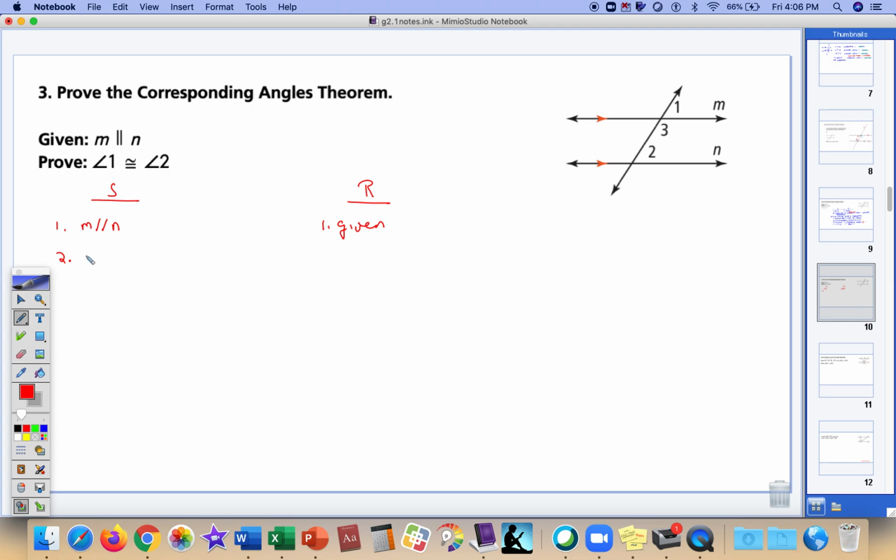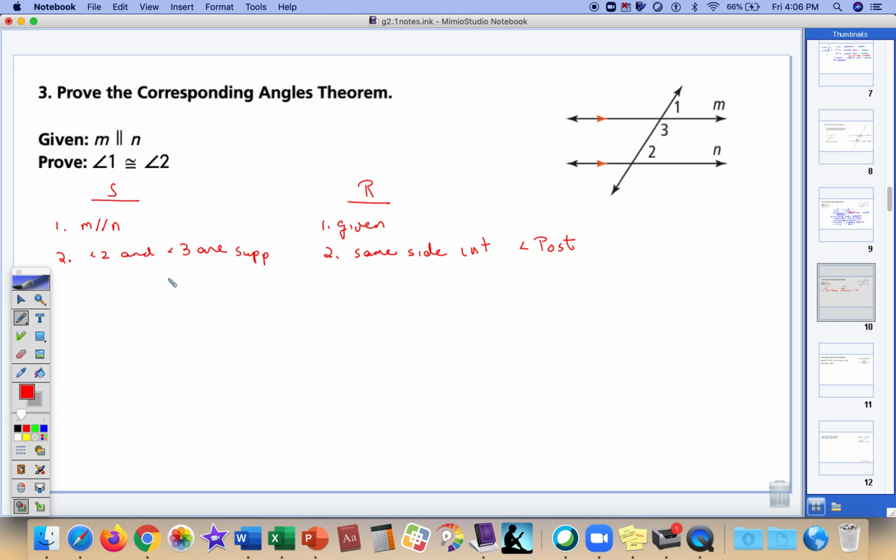I'm going to say that angle 2 and angle 3 are supplementary. And the reason for that is the same side interior angle postulate.